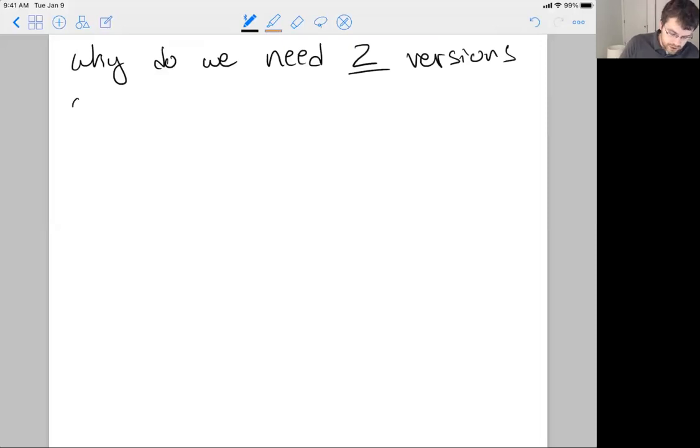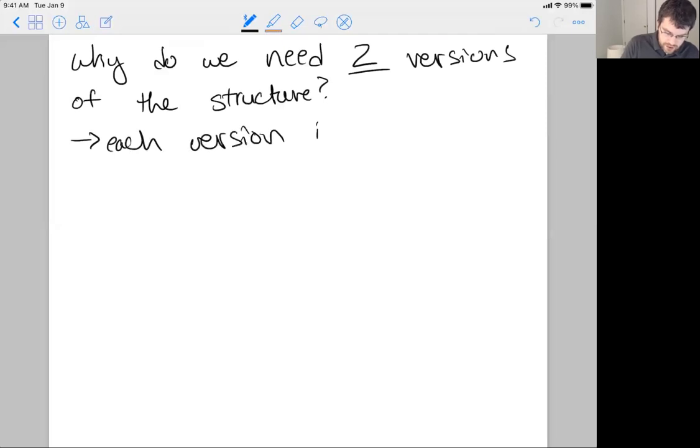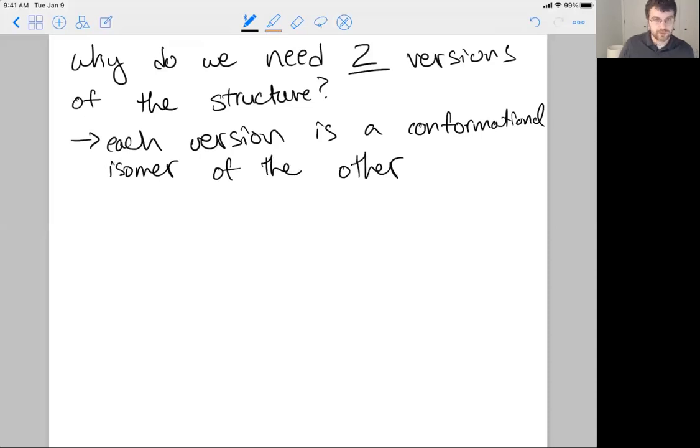So the answer to this is that each version is a conformational isomer of the other.